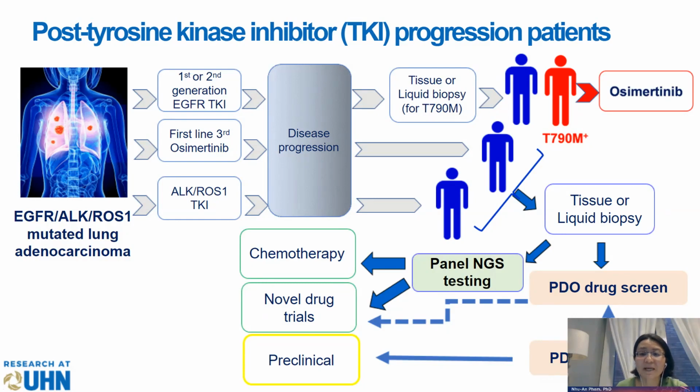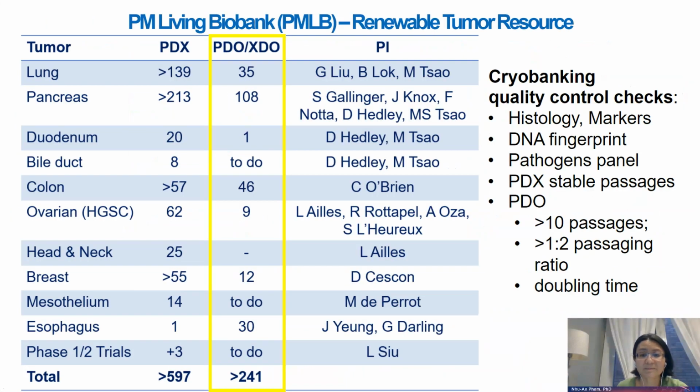For example, if the next generation sequencing panel testing comes out and the PDO drug screen has been able to be followed up in parallel, then perhaps the two pieces of information can be used to better direct patient care. But often these patient-derived models have a timeline that is much slower than the progression of the disease of the patient themselves. So they tend to be used in preclinical studies.